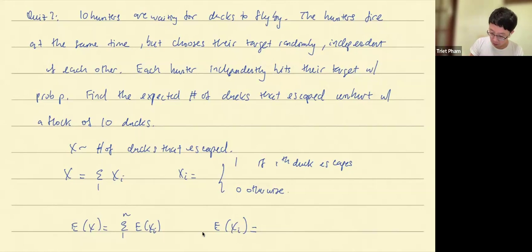But what is it? Here the both numbers being 10 could be confused between hunters and ducks. We should have the numbers differently so that we can distinguish. But suppose you have 8 ducks here, this is 8. Okay. So what's the expectation of the duck?